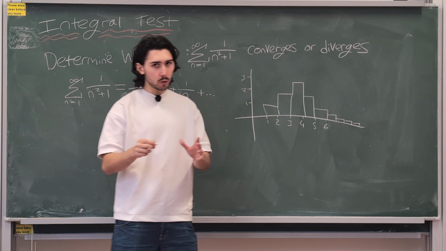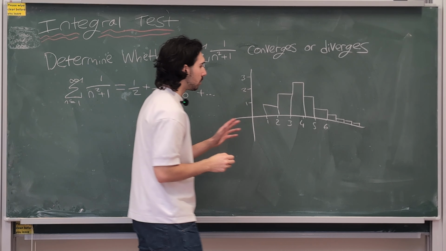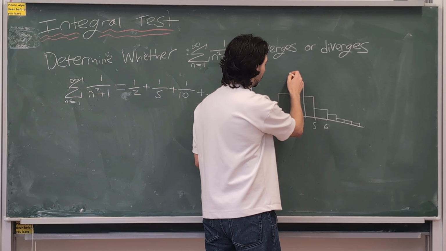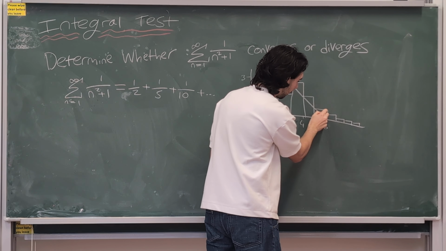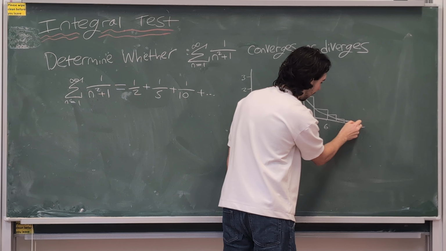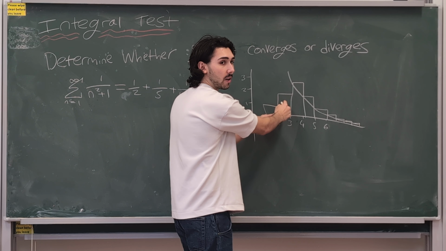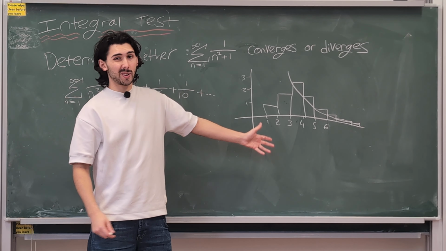You can still use the integral test on this, because all you have to do is just start from this one. So you would do your function, whatever it ends up looking like, and it depends whether you want to show that it converges or diverges. If you make it go through the top left of each one, you can just start it from here, and well, these are finite numbers. The 1 and the 2, even though it's increasing there, they're finite numbers.